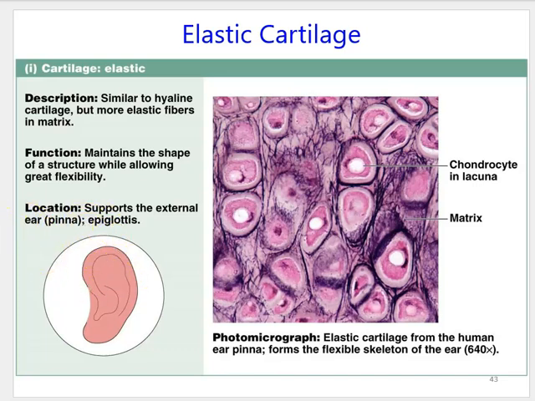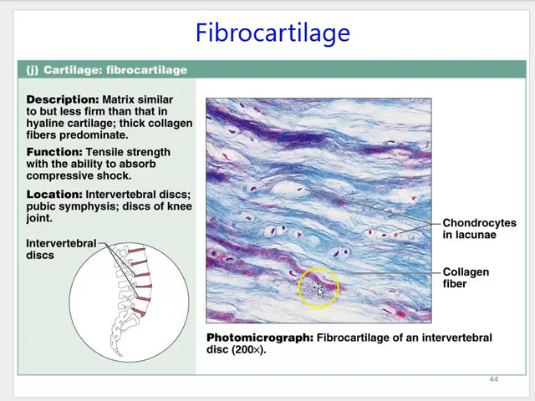That's elastic cartilage. Fibrocartilage would have more fibers in the extracellular matrix compared to lacunae, and it's going to be in places where its tensile strength can resist shocks.